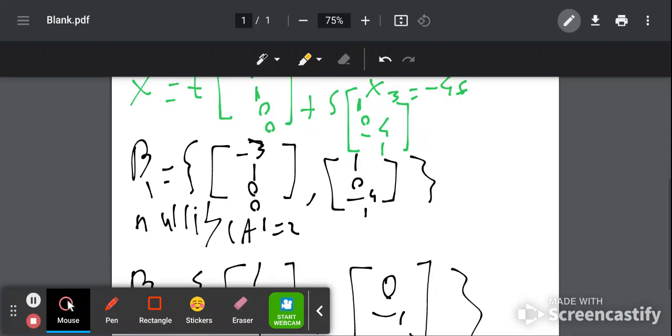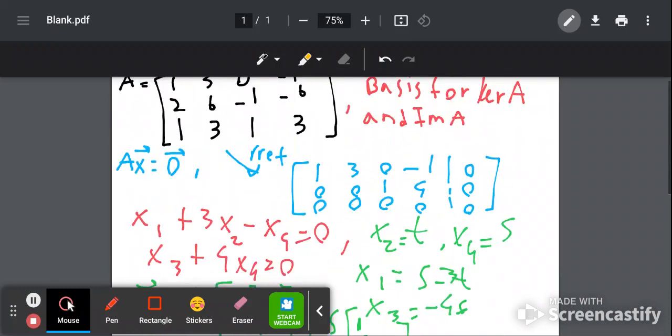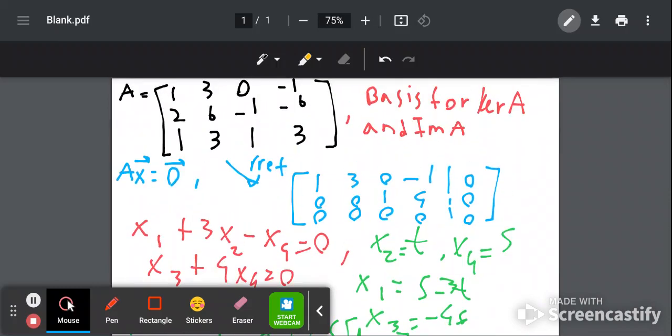And in fact, another good thing to remember is a theorem called the rank nullity theorem, which states that the rank of a matrix plus the nullity of the matrix, or if you want to write it another way, the dimension of the image plus the dimension of the kernel is always equal to the dimension of the domain, which is basically the columns of the matrix.